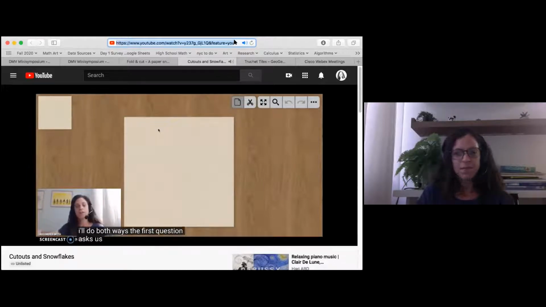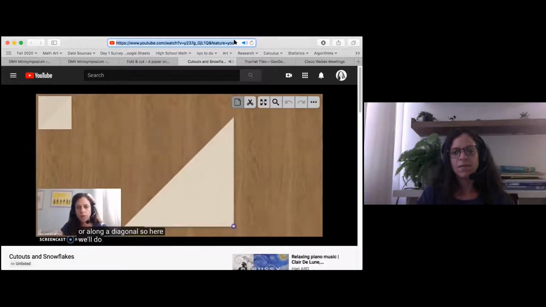The first question asks us to make a D1 cutout, which means we need one reflection line. So think about it: we've got our paper. How are we going to get one reflection line? Well, if we fold it in half, then we're creating mirror images. And if we cut it after we fold it and open it up, we'll end up with a D1, just like you see here. We can do this by folding along a horizontal, a vertical, or a diagonal.